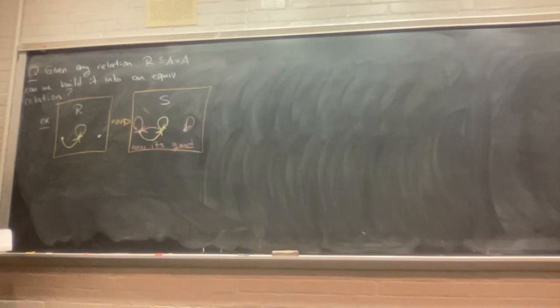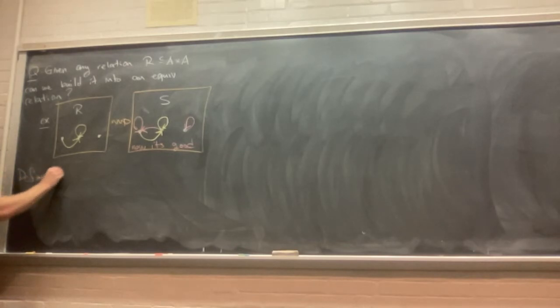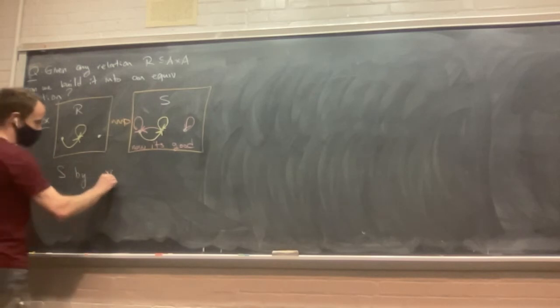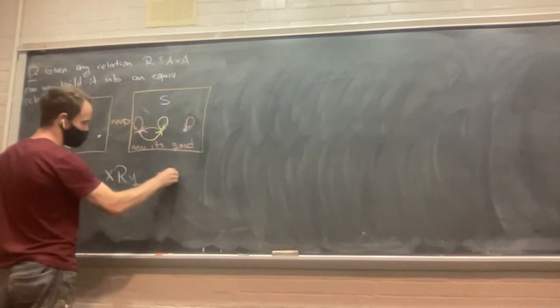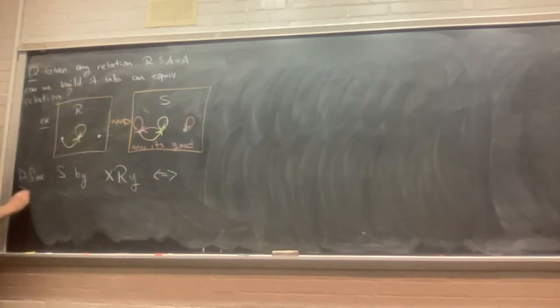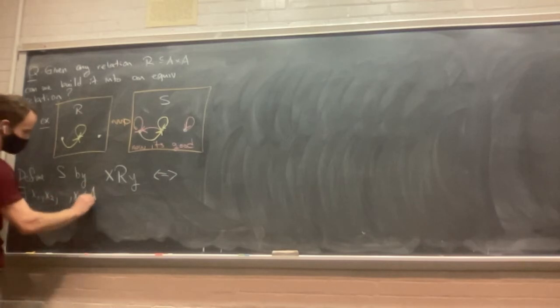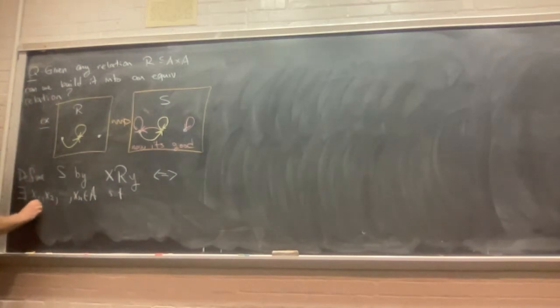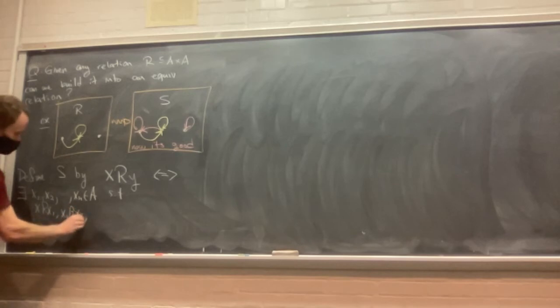So we have a finite set, so they make that point. I won't write that down though, right? And so we'll say, define S by X is related to Y if and only if there exist X1, X2 up to Xn in A such that X is related to X1, X1 is related to X2, and so on.